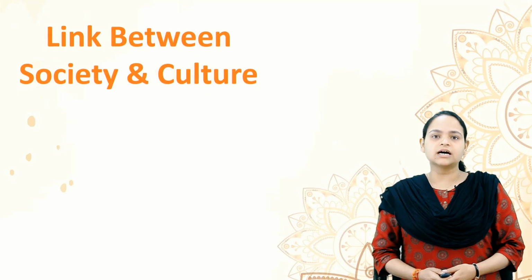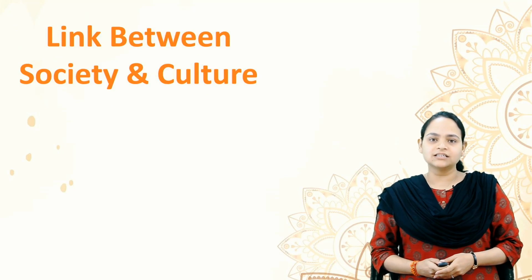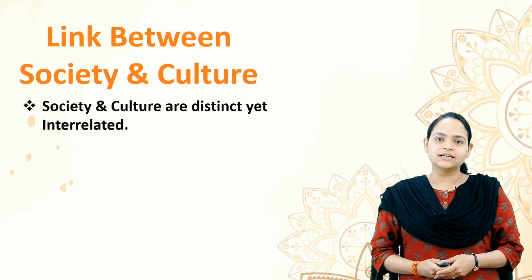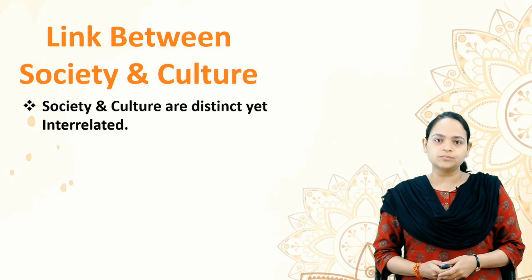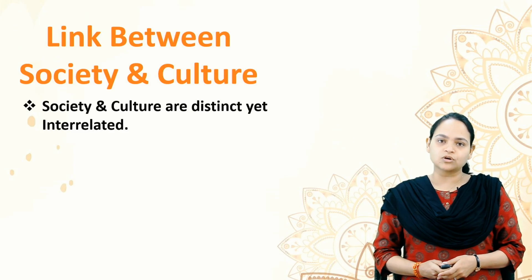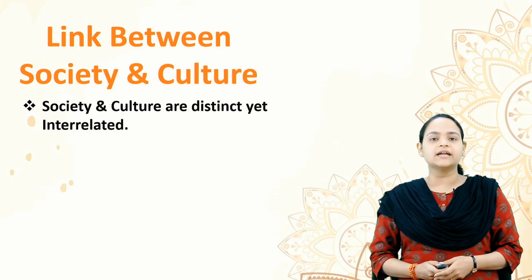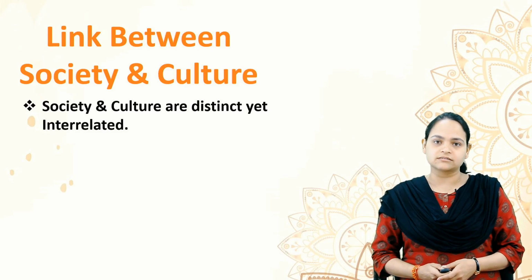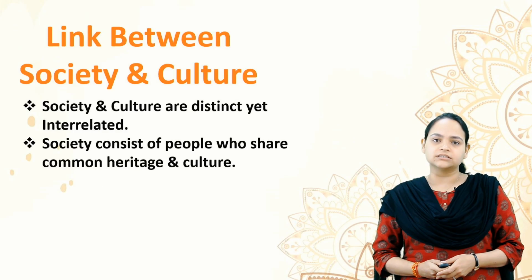Society and culture are distinct yet interrelated concepts. A society is the largest form of human group. It occupies the same geographic territory and is subject to the same political authority and dominant cultural expectations. It consists of people who share a common heritage and culture.